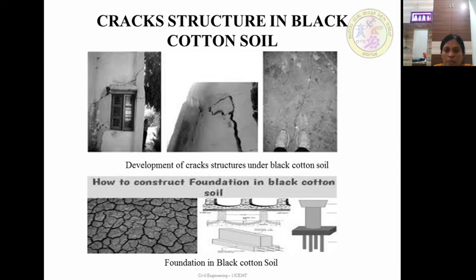The upward pressure causes cracks in the wall above. The cracks are narrow at the bottom and wider as they go up. Cracks may develop up to 20 centimeters and extend to 2 to 4 meters depth. Hence, this soil is avoided in construction.